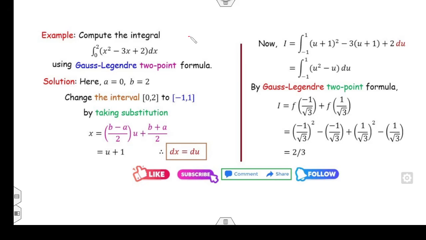If somebody asks you to calculate the error, you can find the exact answer, that is x cube by 3 minus 3x square by 2 plus 2x. This is the exact value. After getting the exact value, you can subtract the approximate answer and you will get the error.